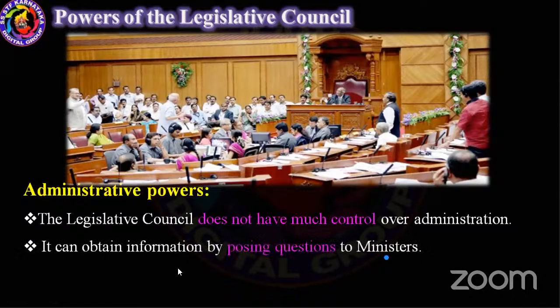It can obtain information by posing questions to ministers. If it wants to get information regarding any bill, issue or department matter, it can send questions and get information through the minister.